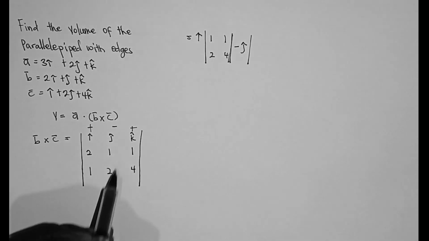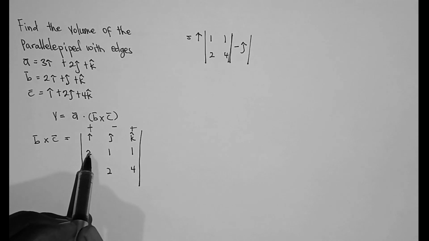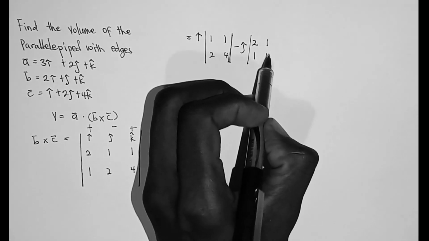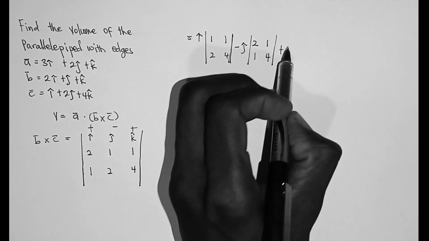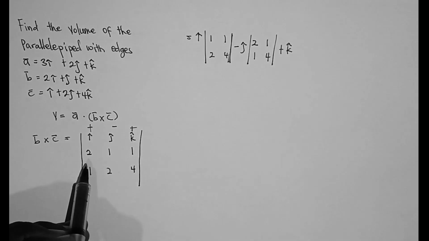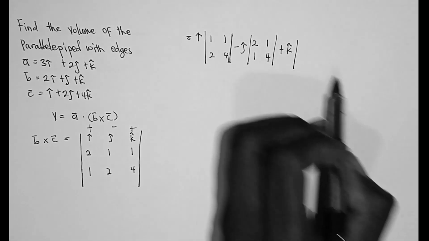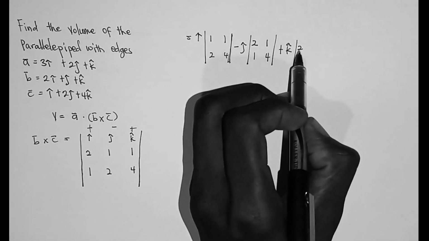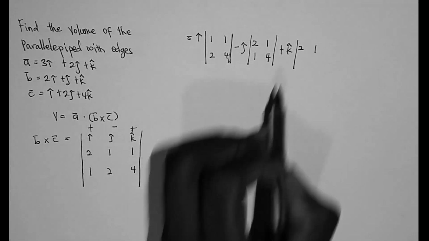Then we delete the row and column of j. We are left with 2 1 1 4. Then plus k. We delete the row and column of k. So we are left with the 2 by 2 matrix, which is 2 1 and then 1 2.